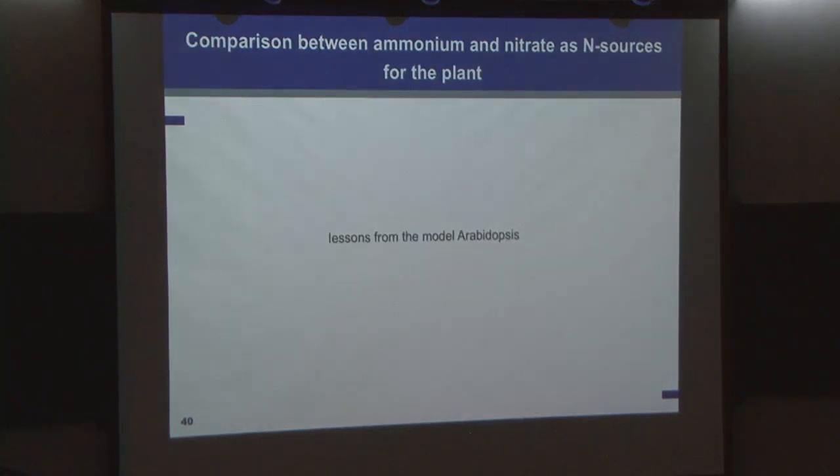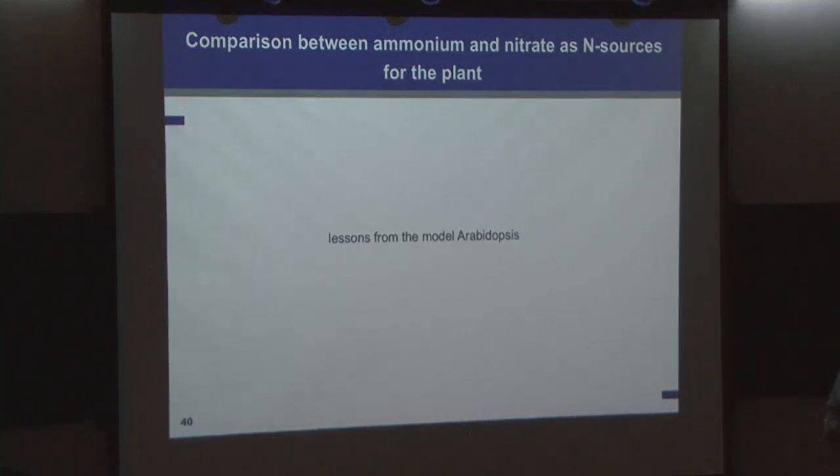So, last but not least, I want to come back again to some experiments. I know that it was pretty tough, the molecular analysis before with Arabidopsis, but now we do some kind of analysis again, comparing ammonium and nitrate as nitrogen sources for Arabidopsis.